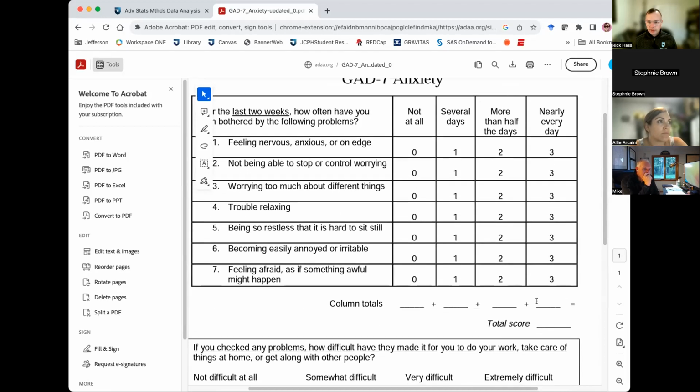But as you can see, there's a scoring algorithm. It's simply the total score. Somebody circles the answers to all 7, and their score is simply the sum of their answers. So if they said 2, 1, 2, 3, 2, 2, 2, you'd add those up and get 14 as their score.